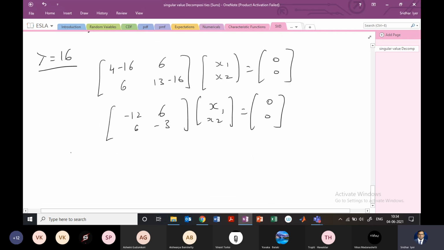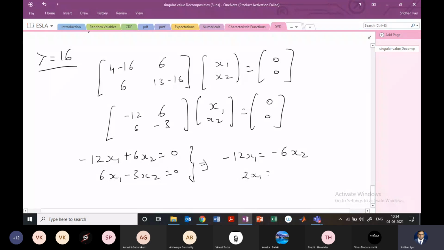From here we get two equations. So we'll have negative 12x1 plus 6x2 equal to 0, and 6x1 minus 3x2 equal to 0. So from here we get negative 12x1 equal to negative 6x2, so 2x1 is x2.